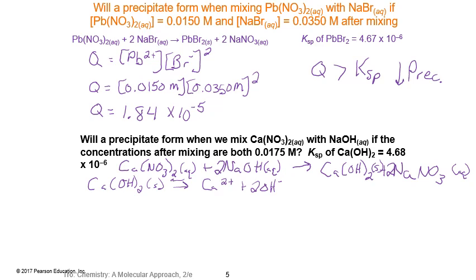So our Q is going to be the calcium concentration times the hydroxide concentration squared. Now because there's only 1 calcium in our calcium nitrate, that's going to be equal to the concentration of calcium nitrate.